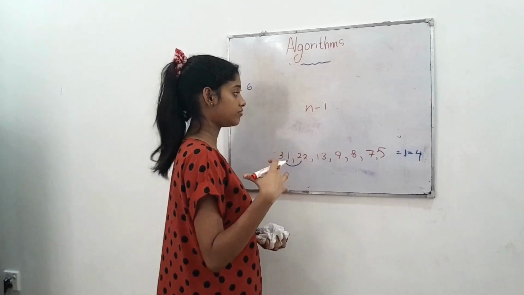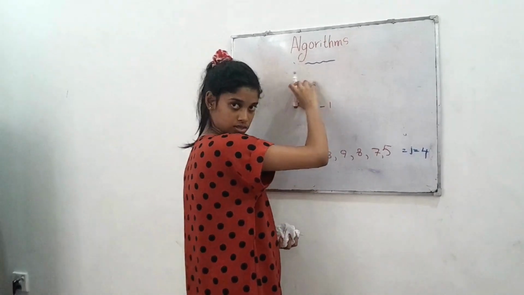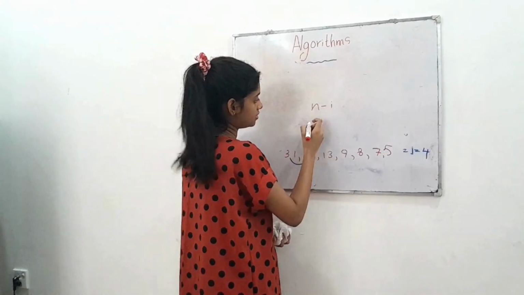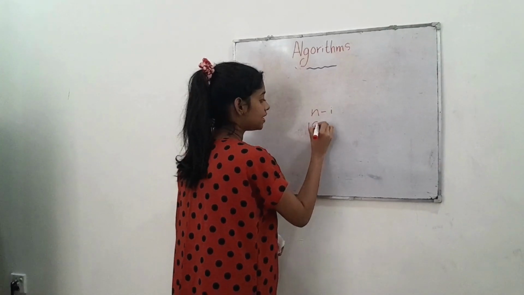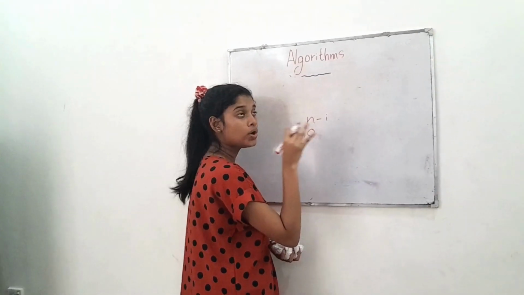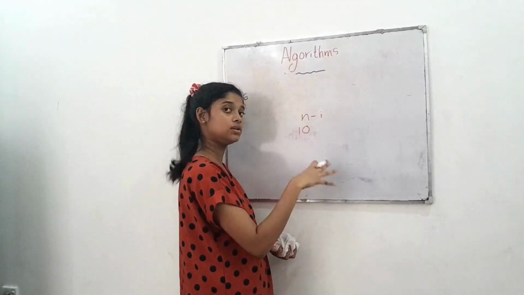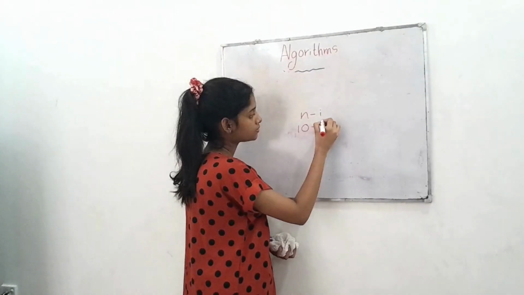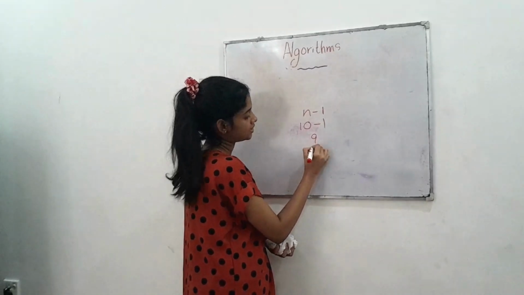As an example, if you have 10 numbers in your array, you have to loop it 9 times.